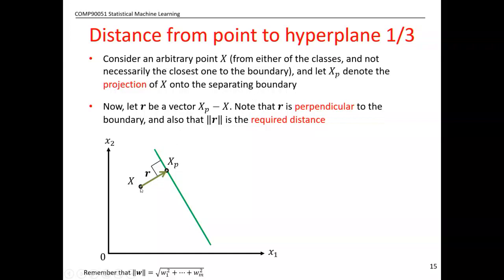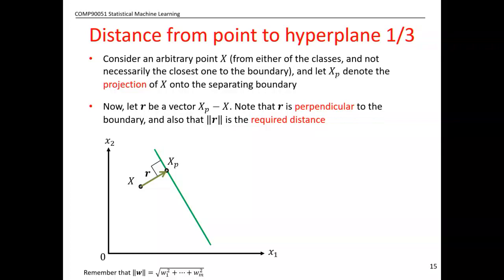let's imagine that we've got some point X and we want to know its distance to the boundary. One thing that's useful is to talk about the projection of the point X onto the boundary. In mathematics, projection just means the nearest point according to some metric within a set.